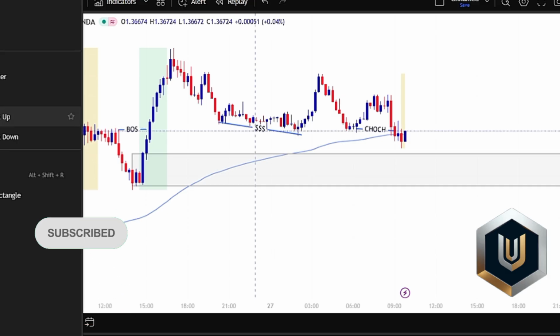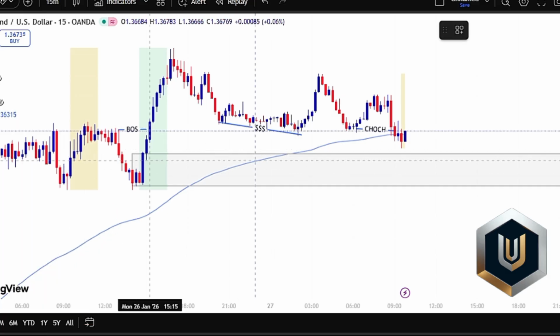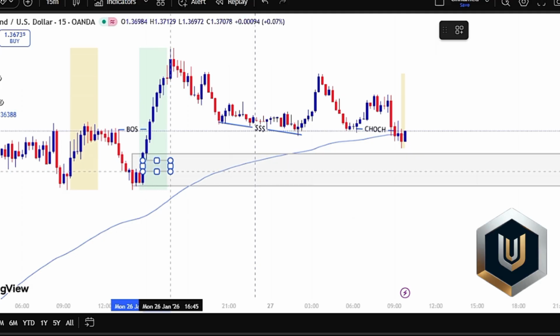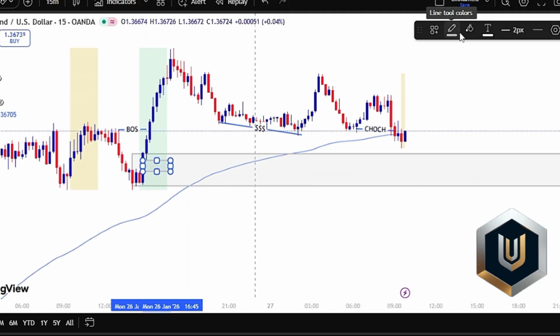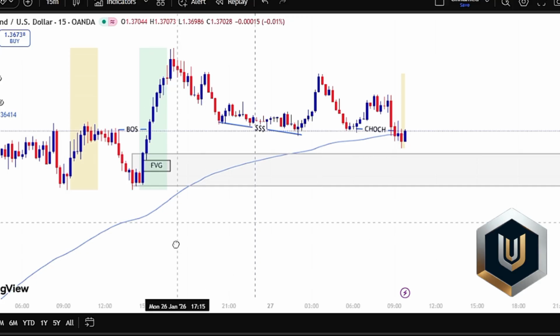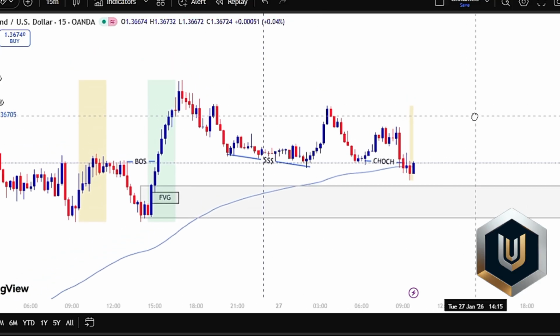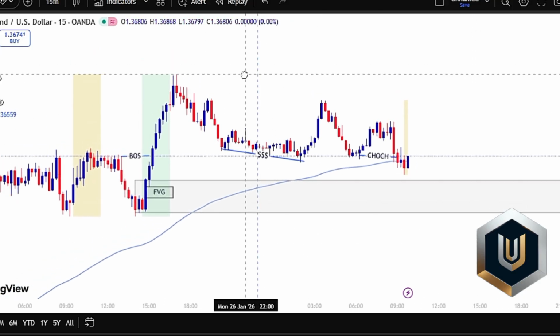So pretty much these are our FVGs, and let me also make it a little bit dark so you could see the analysis. From there you've been able to see the analysis on this particular trade, and with this it's going to be giving us a win-win profit on this particular trend.